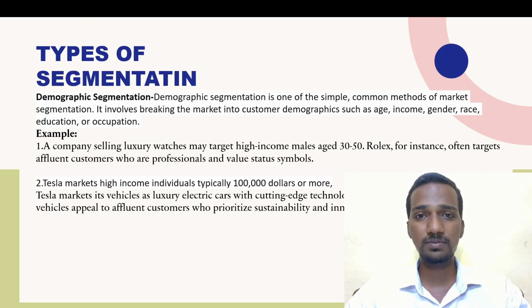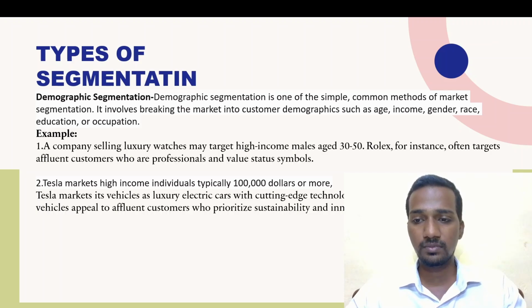Another example is the Tesla company. Tesla projects its product as a luxury electric vehicle with cutting edge technology, and it presents it as sustainable and innovative technology. So obviously with this kind of technology and appeal, the product cost will be more, as they stated, $100,000 or more.